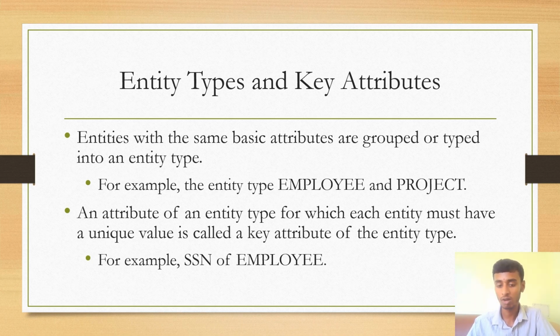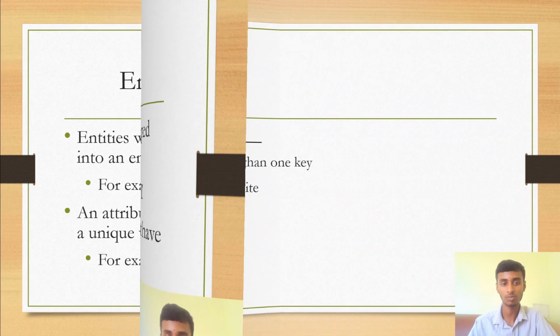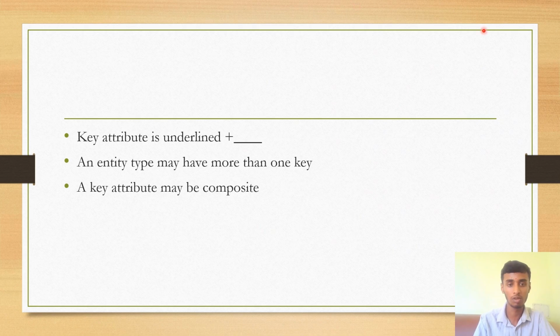I have 1V22CS120, and no one will have that USN in the whole college and the whole university. And the key attribute, I have said, is underlined. The entity type may have more than one key attribute, and the key attributes may be composite.